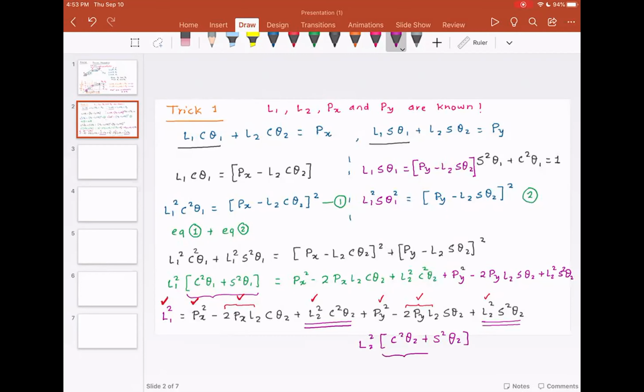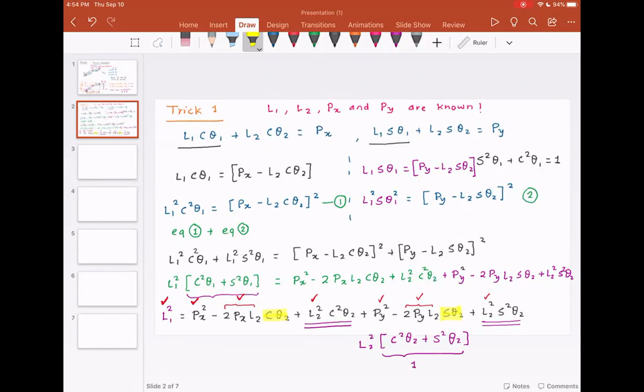This becomes 1. So what you have is L1 square on the left hand side, and a bunch of knowns on the right hand side. The only quantities that are not known are cosine theta 2 and sine theta 2.